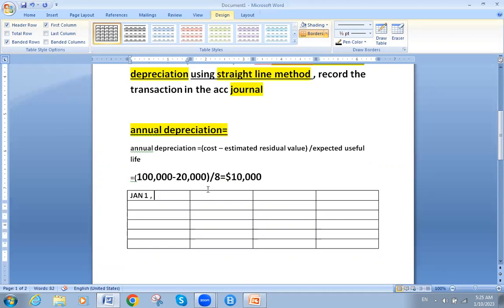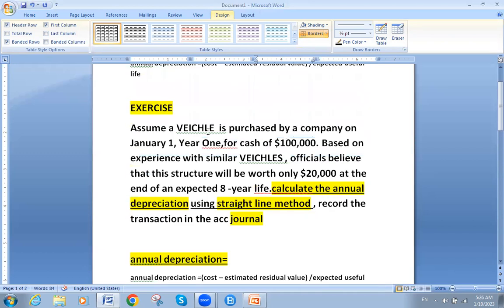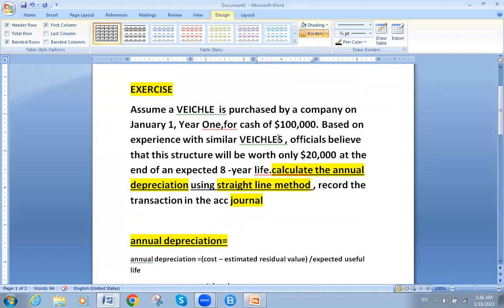the first year we bought the vehicle, from vehicle into cash, and the amount debited here is that we bought it for 100,000.